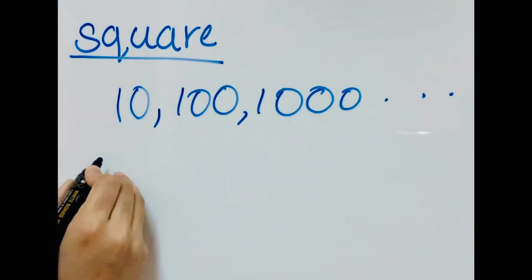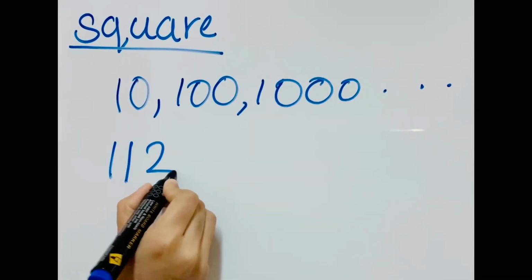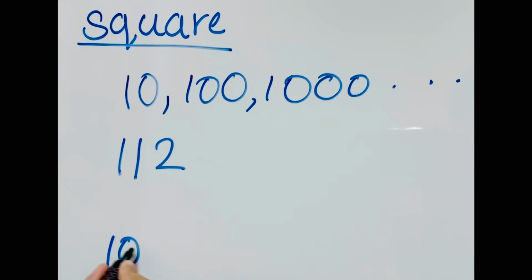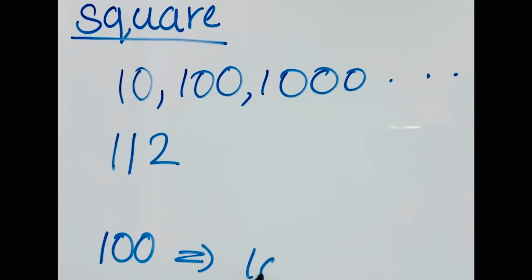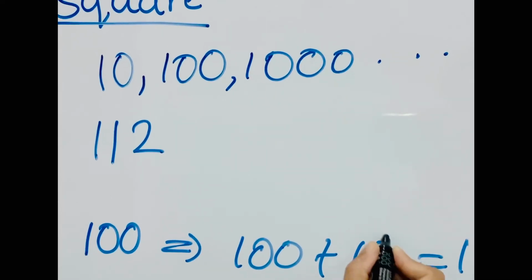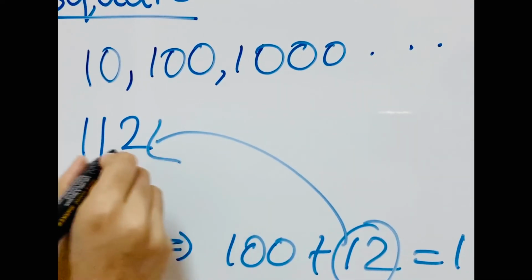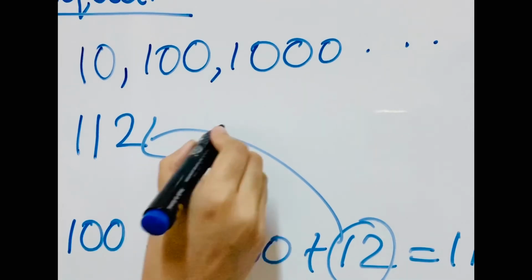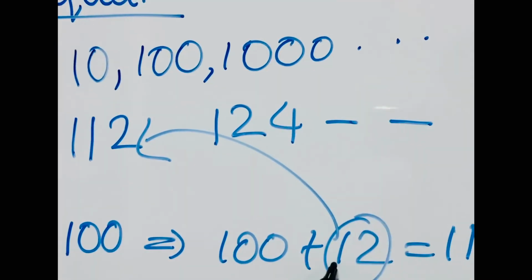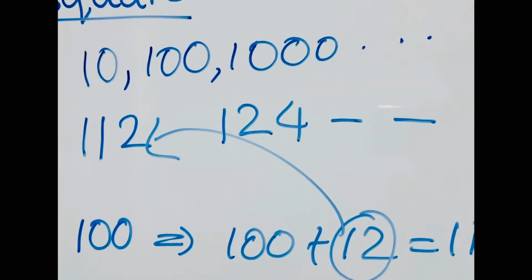Finally, we can take a little higher number, 112. Here also the base is 100 and the difference is 100 plus 12 is 112. So add 12. 112 plus 12, 124. Now we need two numbers. We already found the square of 12.